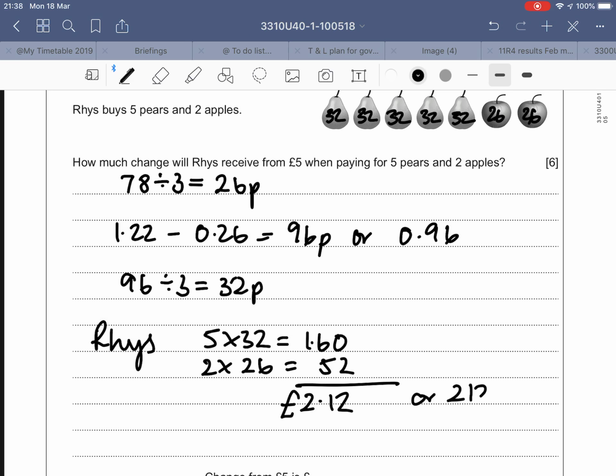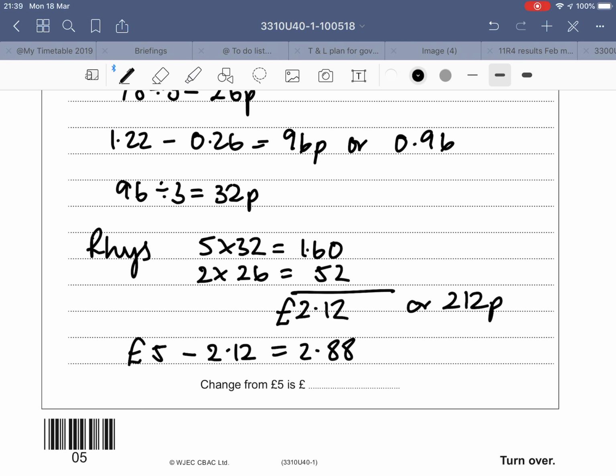Or if you've done it in pence, 212 pence. Now we want to know the change that Reese is going to get from £5. So on my calculator, £5 take away £2.12, £2.88 change from £5, £2.88.